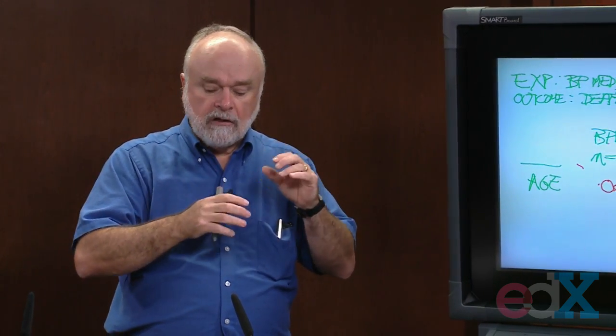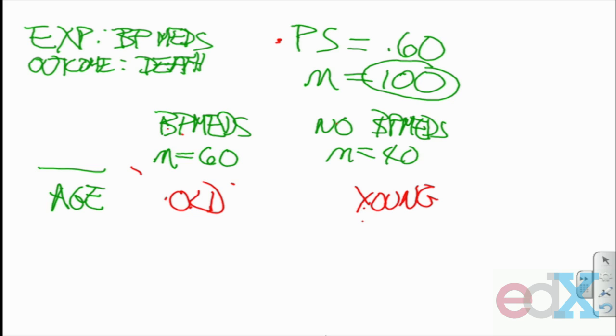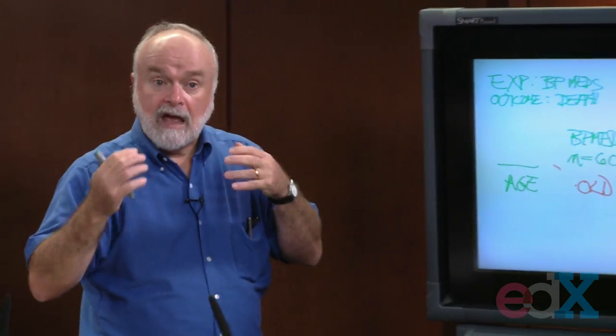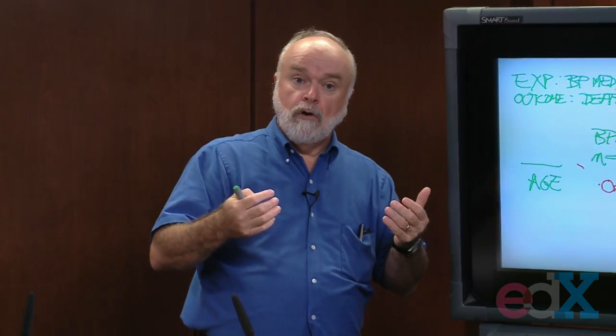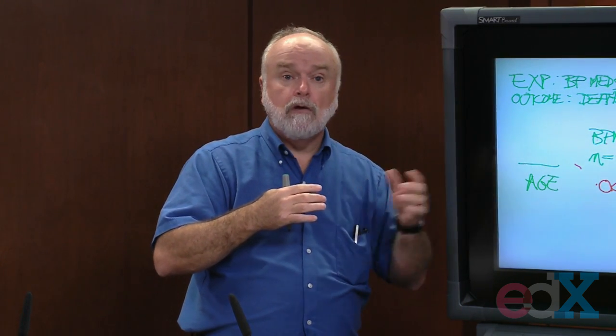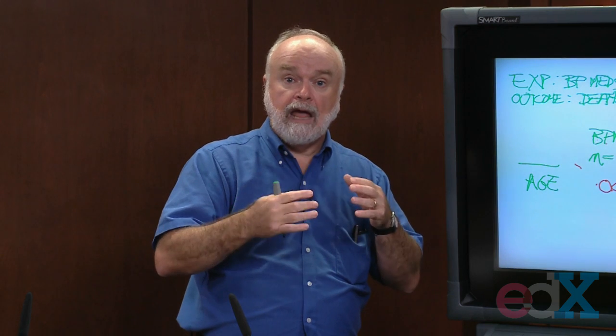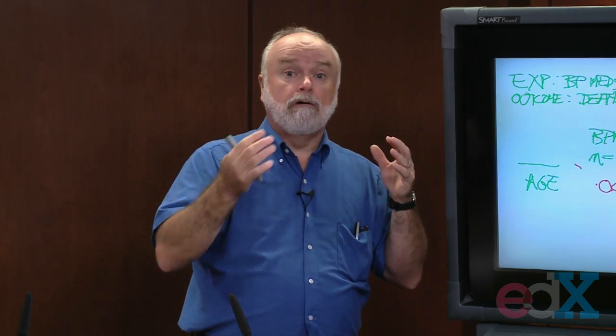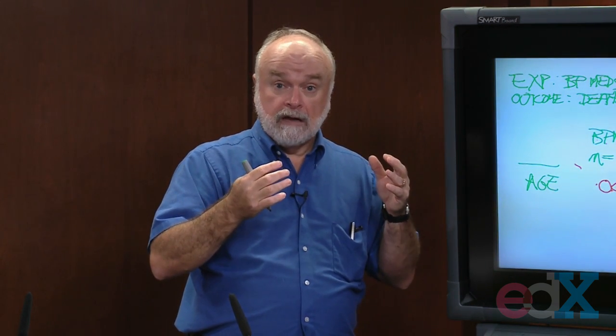But if the propensity score really did do its job, then I would expect among people who receive blood pressure medications, if on average they were old, then among the people who did not receive blood pressure medications, on average they should be equally old. Because if the propensity score is capturing the influence of age on the decision to receive a blood pressure medication, there should be no leftover relationship between age and whether a person did or did not receive blood pressure medications.